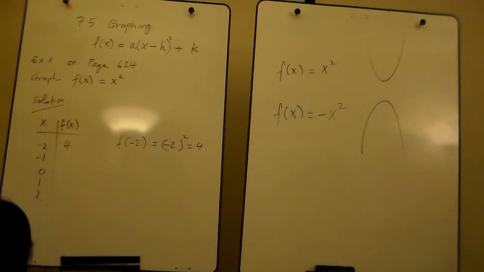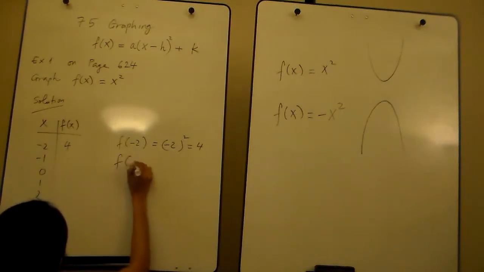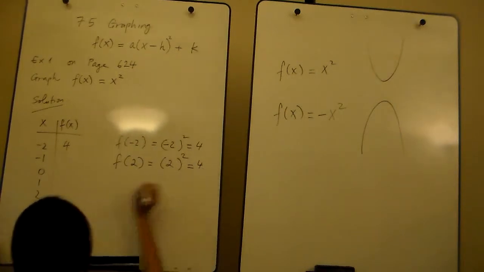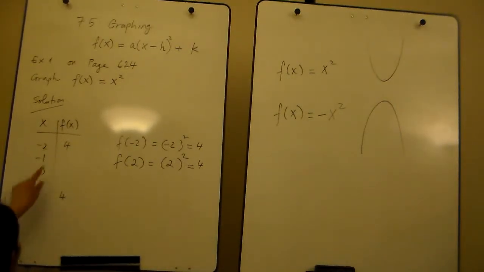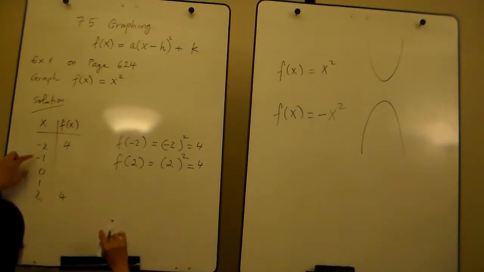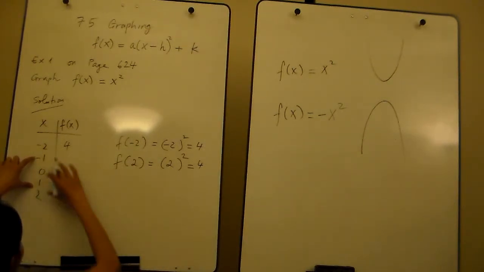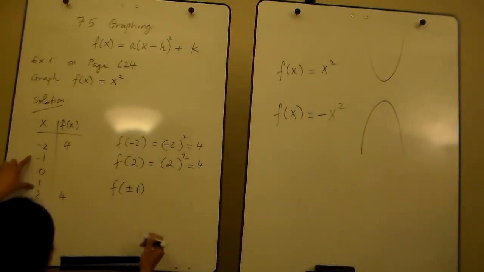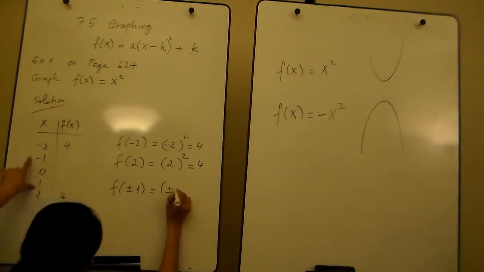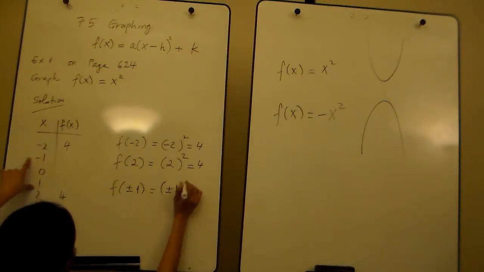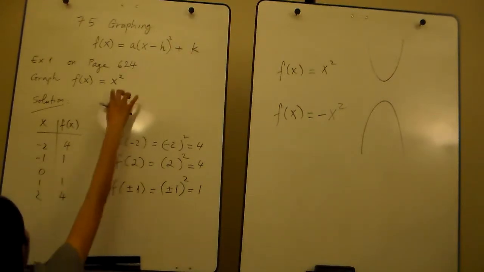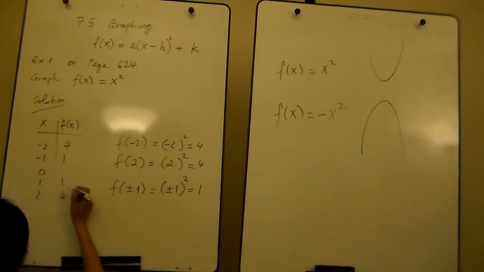Because this is x squared, when you have 2, you will have the same result. When you square it, it equals 4 as well. So you can calculate plus or minus 1 at the same time, because substituting plus or minus 1 into x squared, you get the same result, which is 1. This is true for x squared, the graph of a parabola.